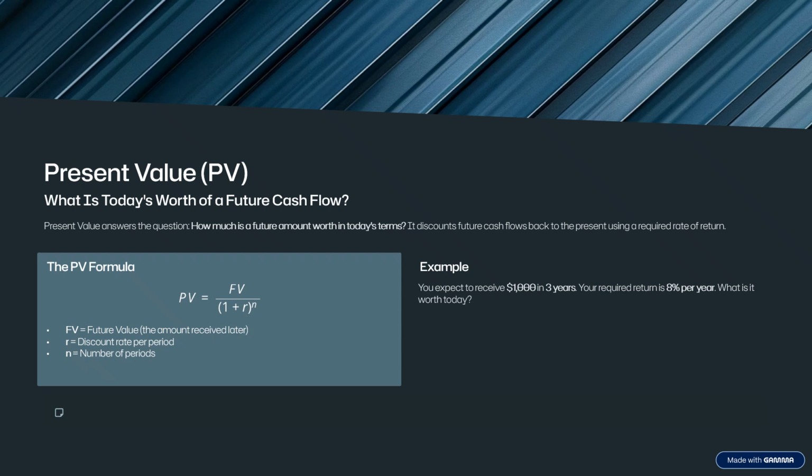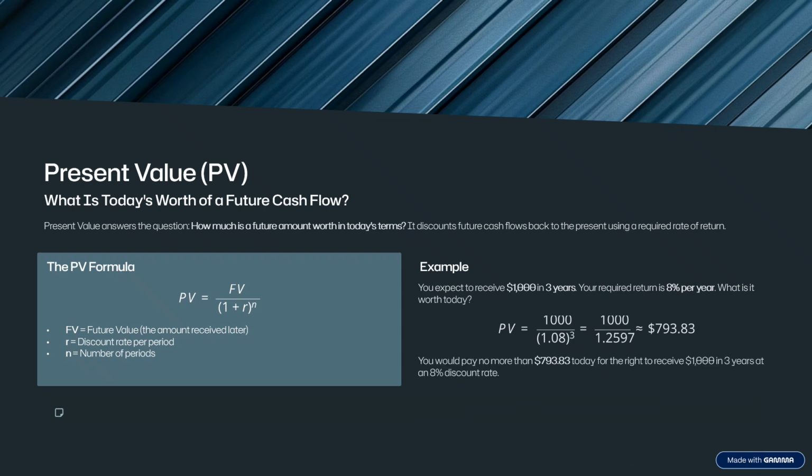Now if we calculate, we will get the present value as approximately 793.83, meaning the value of $1000 after 3 years is 793.83. Correct?